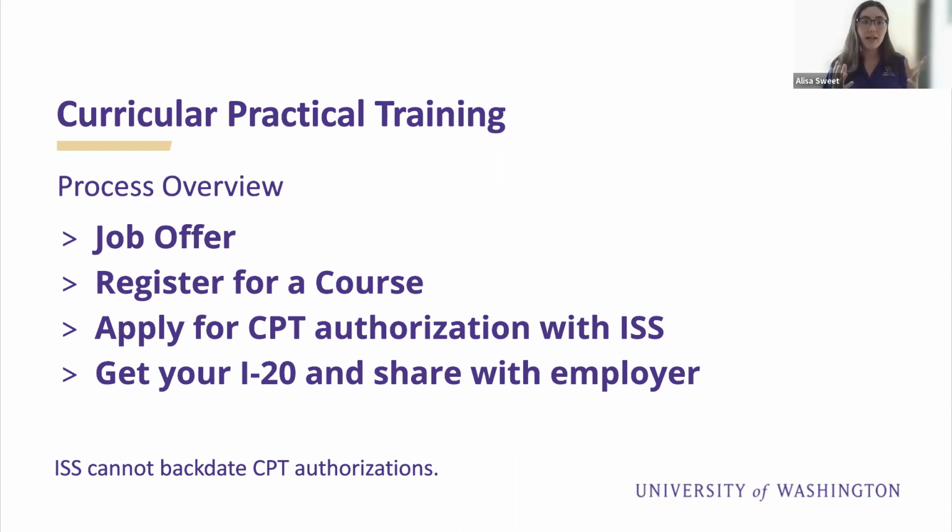That is what counts as their employment authorization, and they do need that I-20 in hand before they begin working. Just a key reminder that ISS cannot backdate CPT authorizations, so students should keep that in mind when they're choosing a realistic start date to request when to start their CPT opportunities.